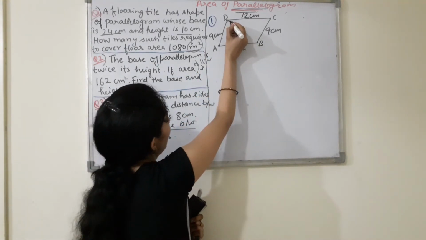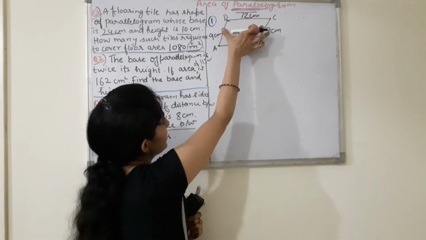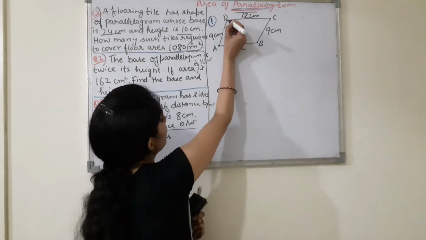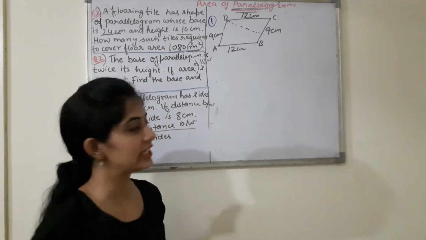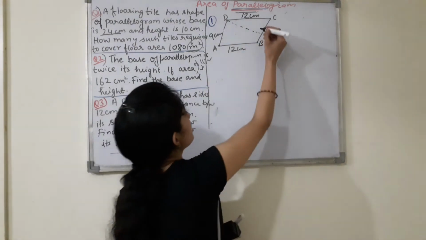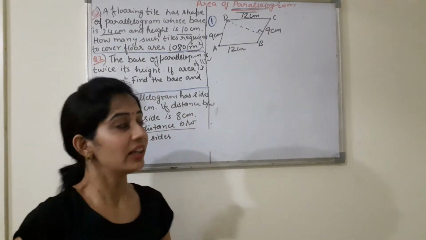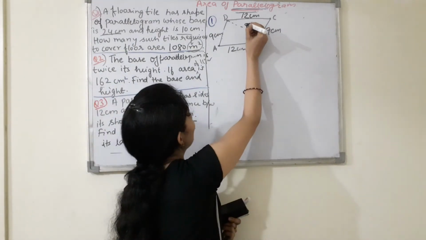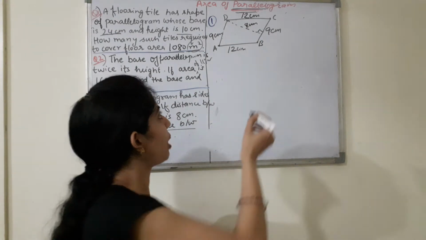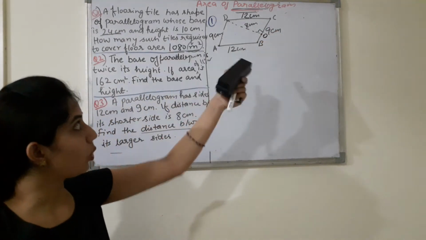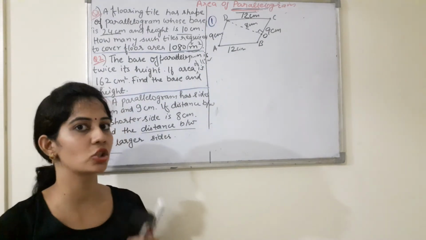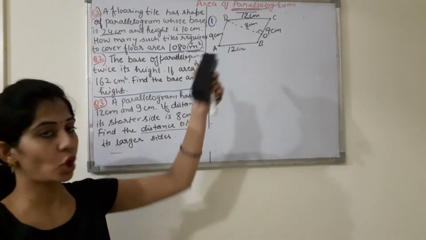So height from D, the distance between the shorter sides is given, it means I am drawing the perpendicular on its opposite side BC. So this is your height, right? This you have given 8 centimeter. Name this point as O. So it means DO is given 8 centimeter, which is your height between the shorter sides.